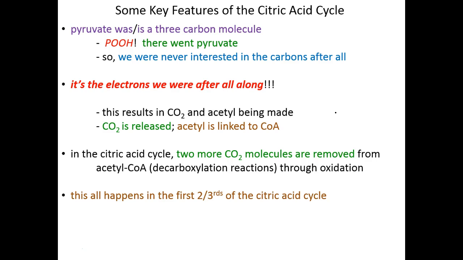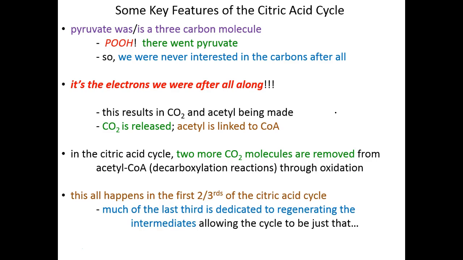Everything I've just described, releasing all of those carbons as carbon dioxide and essentially completely decimating glucose in the truest sense of the word so that we get all of the electrons that we need, that all happens in the first 2/3 of the citric acid cycle. The last third of the cycle is dedicated to allowing it to be just that, a cycle. It's allowing the citric acid cycle to regenerate back to where it started so that it is a process that can repeat again and again.